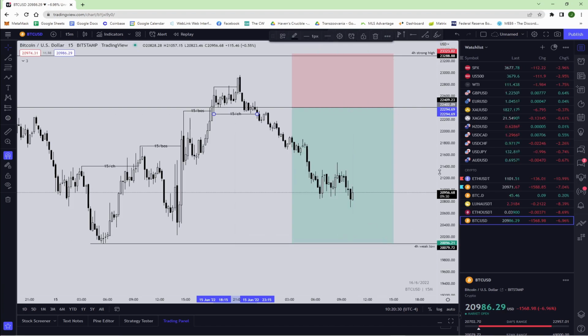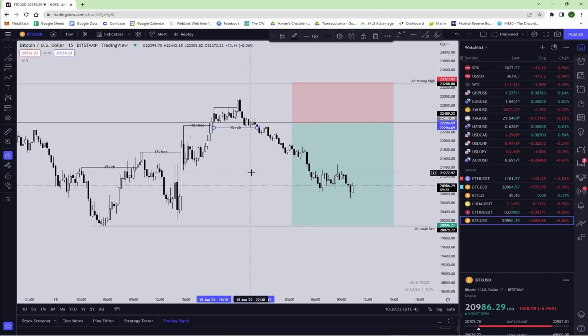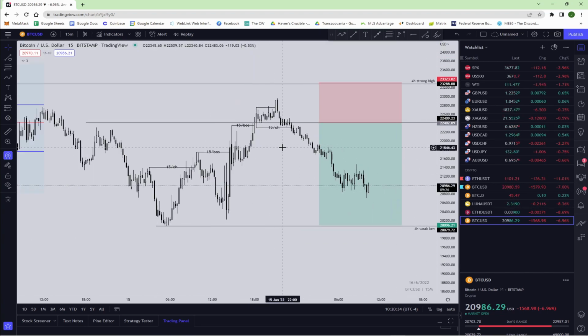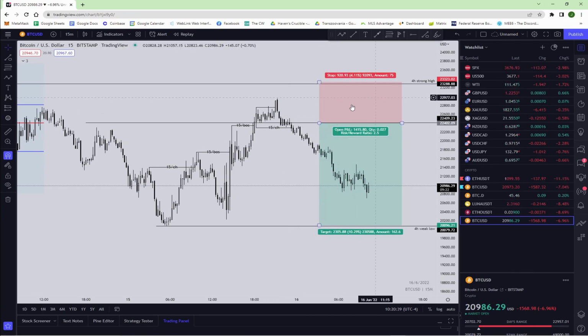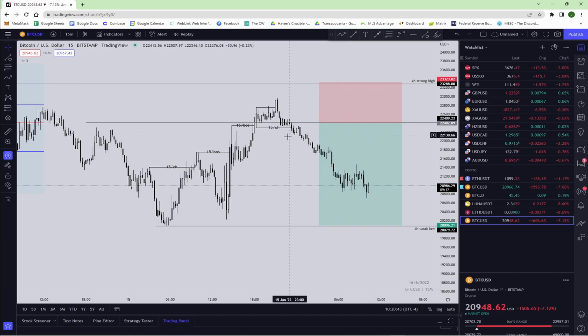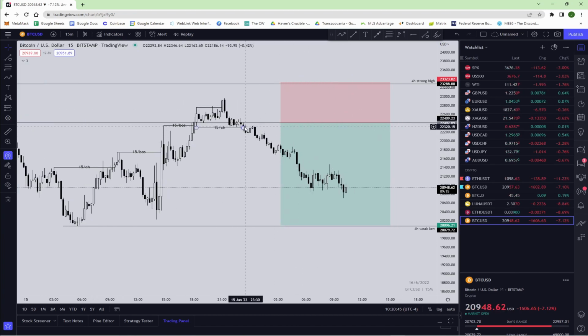So now when you are looking at a lower time frame CHoCH, when you have confluence on a higher time frame entry, this is when you're looking to enter. Now, don't necessarily just mark it in here. You can just mark it in here, but most of the time there is going to be a pullback, right?